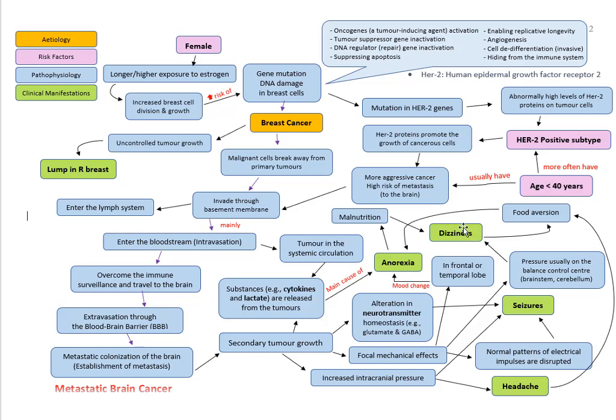The dizziness is essentially vertigo. It's not lightheadedness. Dizziness is when you are uneasy on your feet because of balance. So you needed to think about what part of the brain controls balance, and that's the cerebellum, the vestibular system, the brainstem.